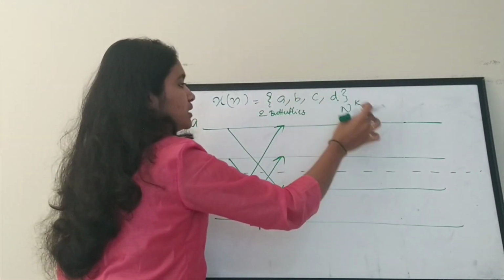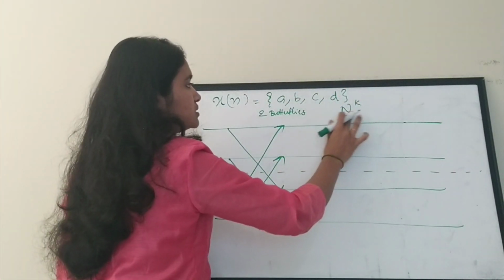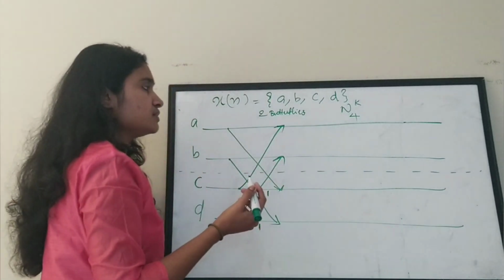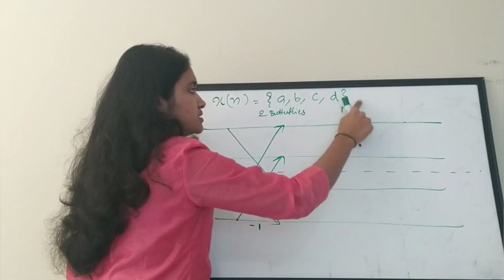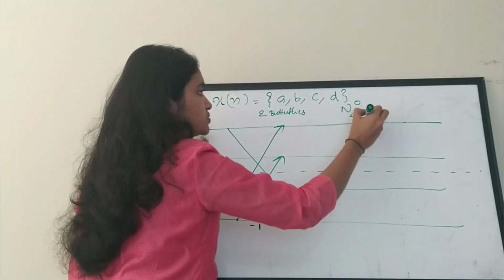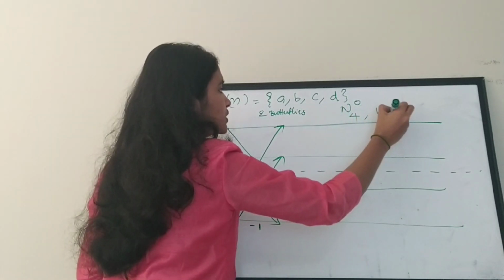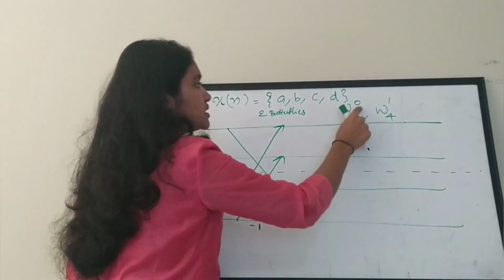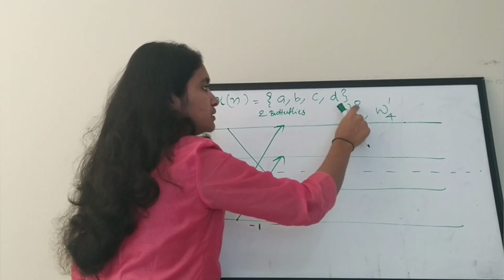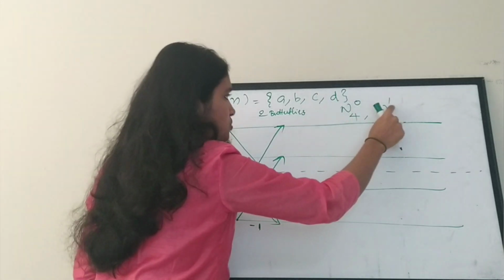How many inputs are there? 4 inputs, right? So n is 4 here. And how many butterflies are there? 2 butterflies. And k value is starting from 0, right? So W4 raised to 0 and W4 raised to 1. So there are 2 butterflies and k value starts from 0, means k varies from 0 to 1.